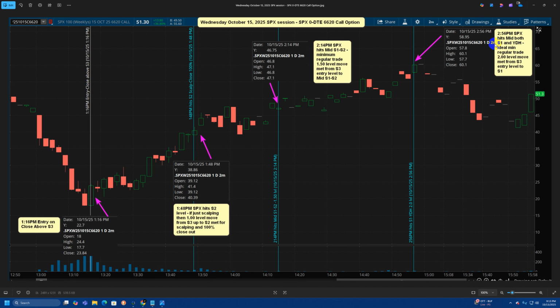It hits both S1 and YDH. This is the ideal minimum regular trade 2-level move, from S3 entry level to S1. And the close of this candle, $60.10. So from 23.84, we'll just round it off to 24, just for simplicity's sake, 24 to 60. So that is $3,600 per contract.